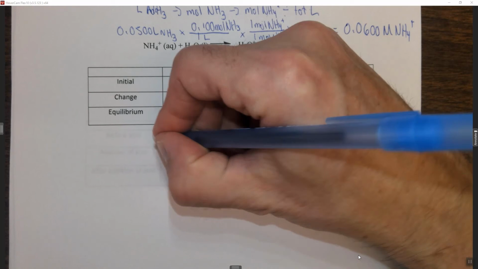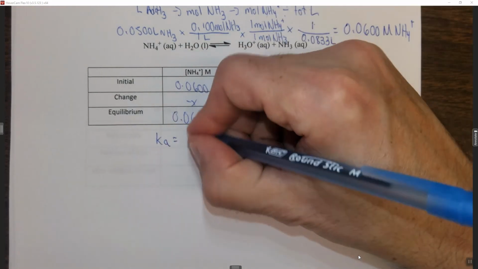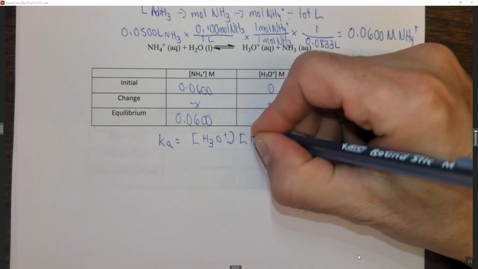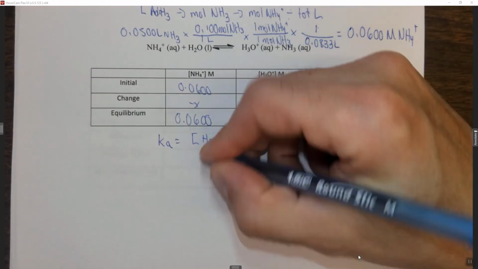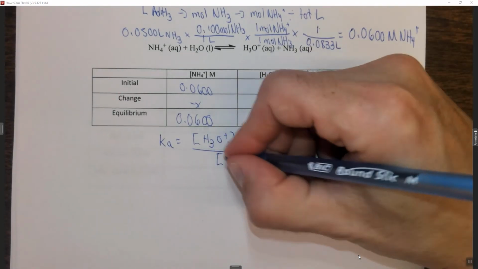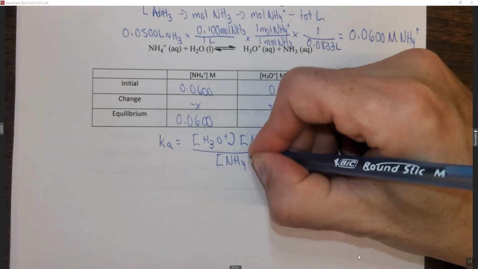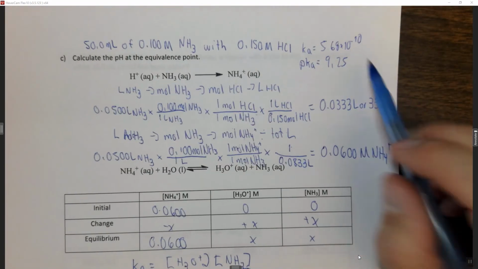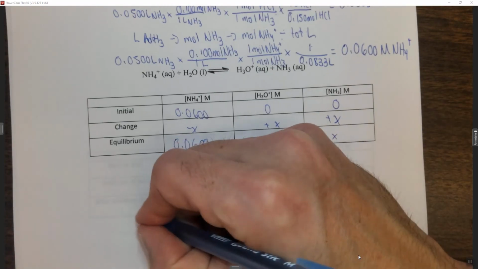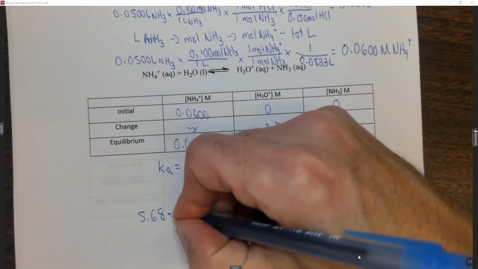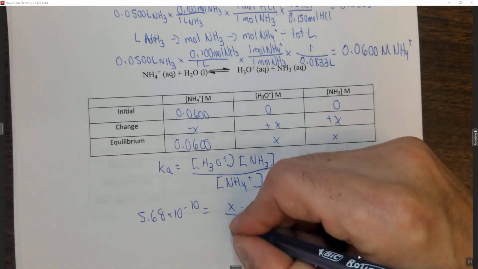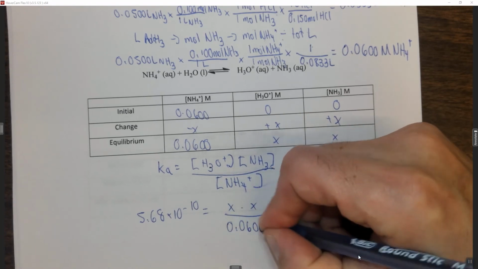The Ka for this reaction is going to be the concentration of H3O plus, products over reactants, times the concentration of NH3, divided by the concentration of NH4 plus. All right, so the Ka, which you remember were provided, which is 5.68 times 10 to the minus 10, equals x times x divided by 0.0600.